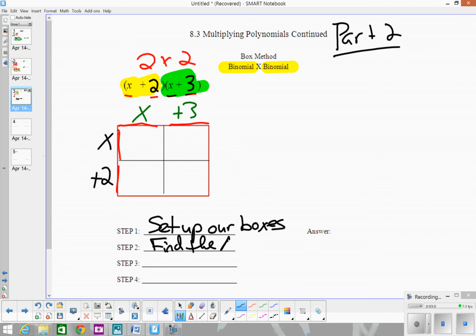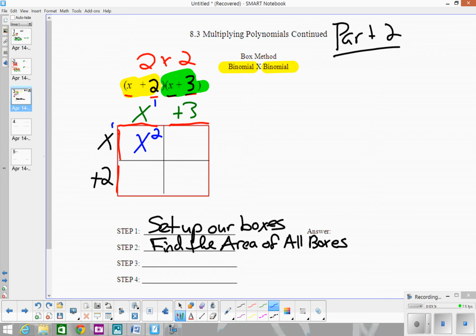Good. Now once we've set up our boxes, our second step here is to find the area of all boxes. So what does that mean? Just like we did for the box method for a monomial times a binomial and a trinomial, I just want to find the area of this box. So it's going to be length times width. In this case, it's x times x, which is, remember, add the exponents, x squared.